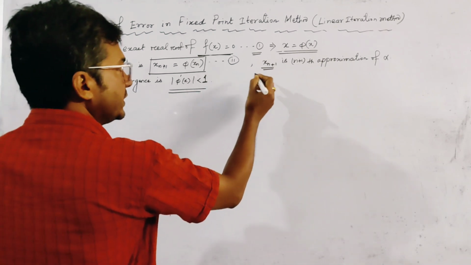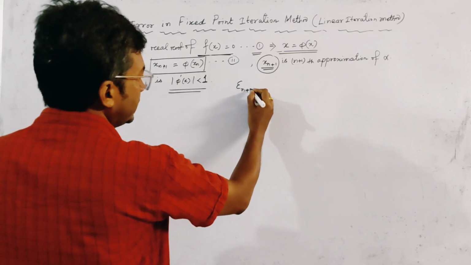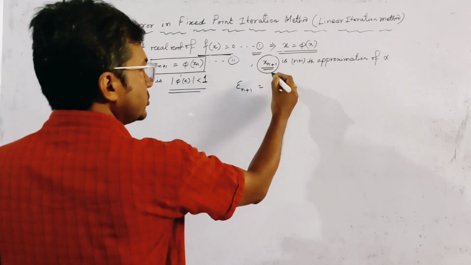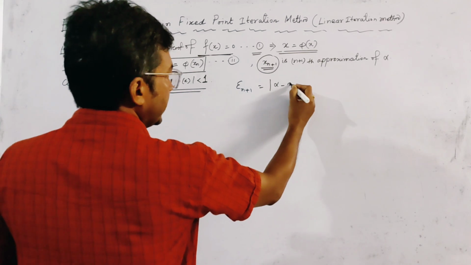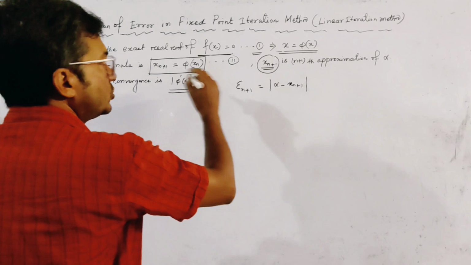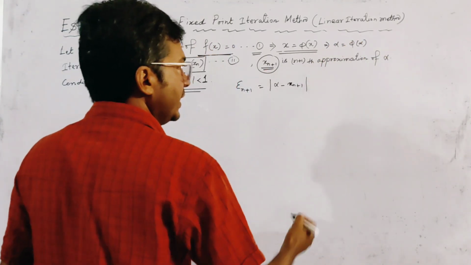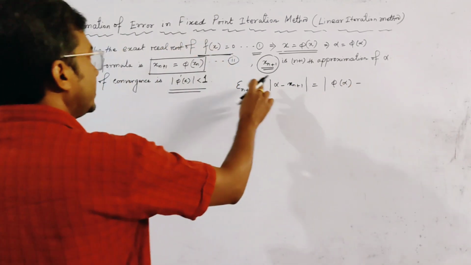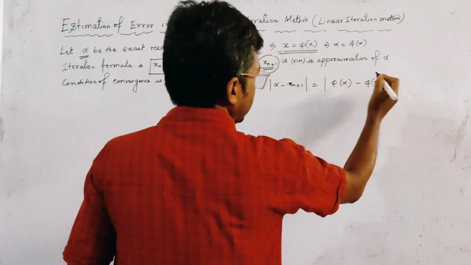Now let epsilon(n+1) be the error at the (n+1)th approximation, given by epsilon(n+1) = alpha minus x(n+1). Since alpha is the exact root, we write alpha = phi(alpha), and x(n+1) = phi(x(n)). So the error is phi(alpha) minus phi(x(n)).